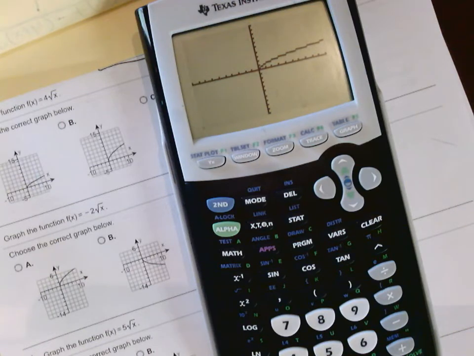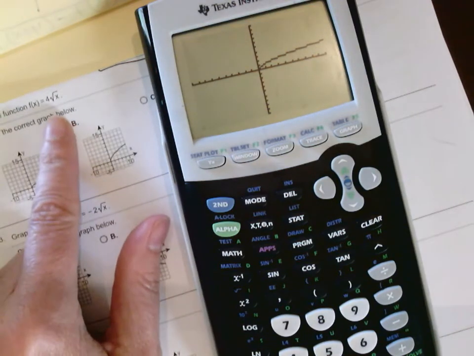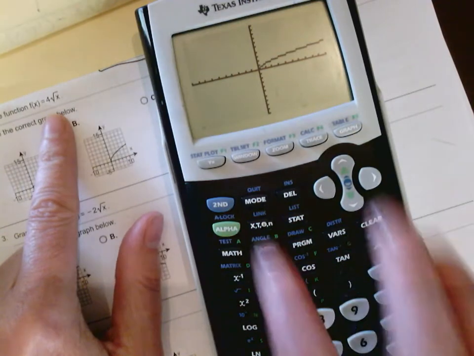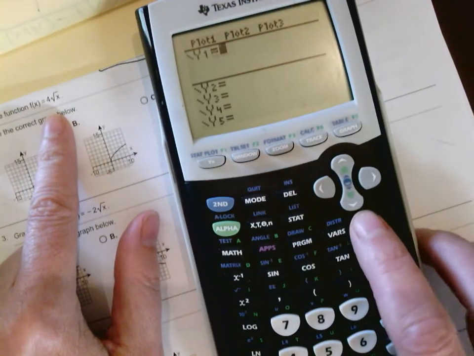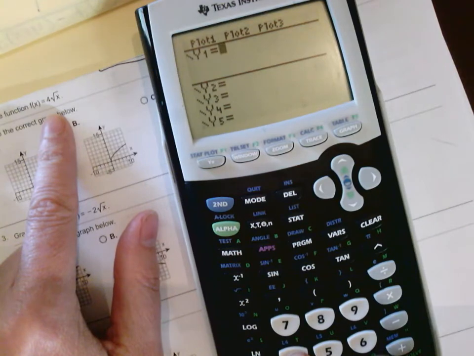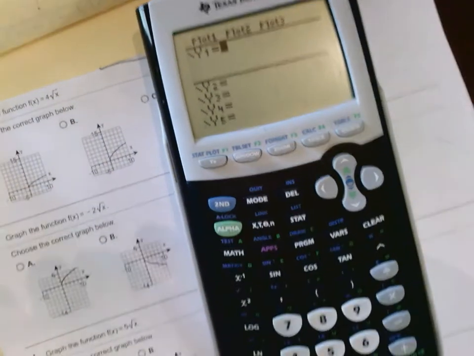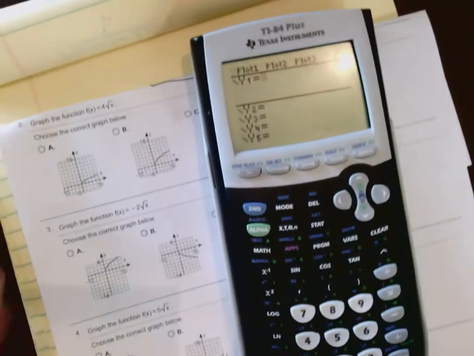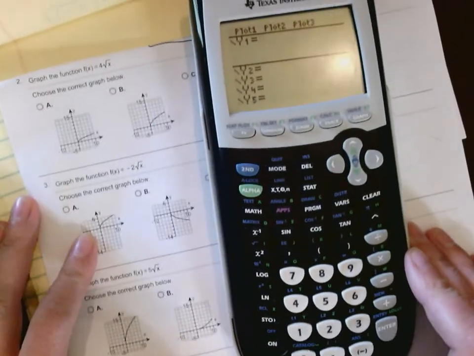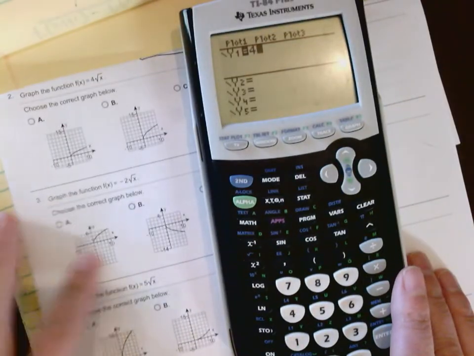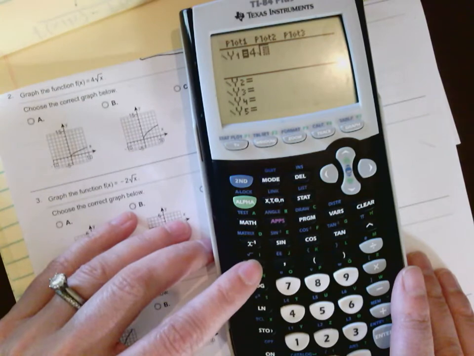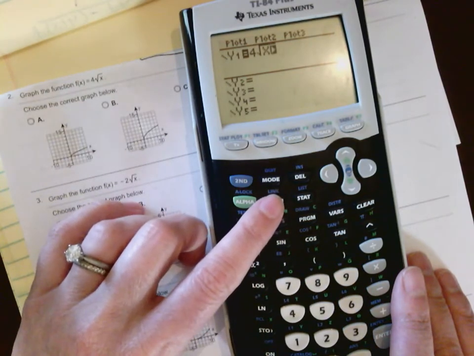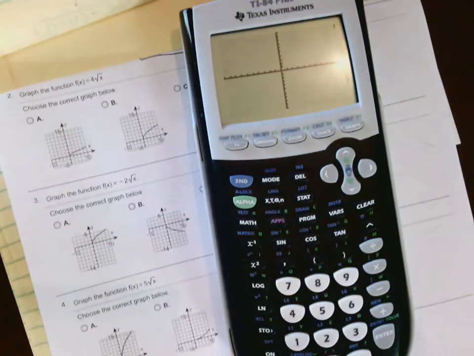So that's going to be the shape of it. So on number 2, let's go back to y equals and clear it out. Let's see what this 4 in front of that square root will do. So let's type in 4, second, square root x, and graph that.